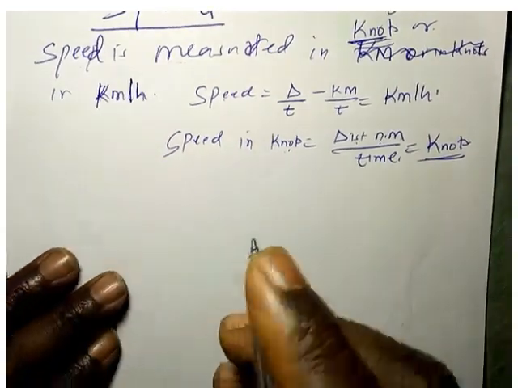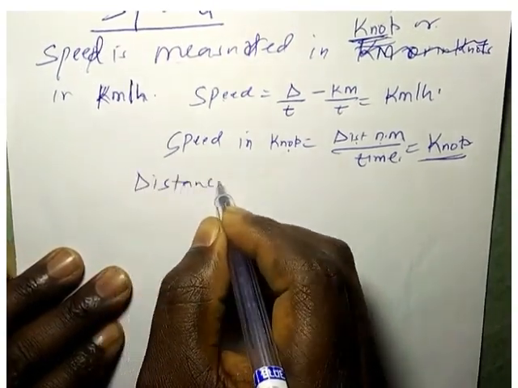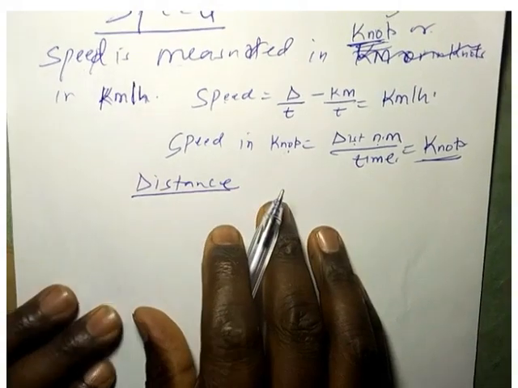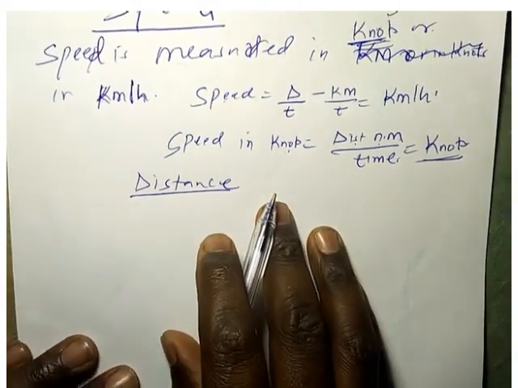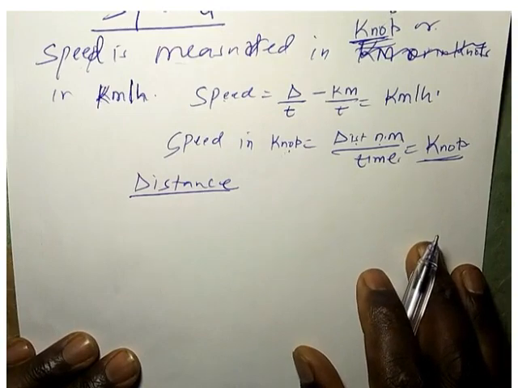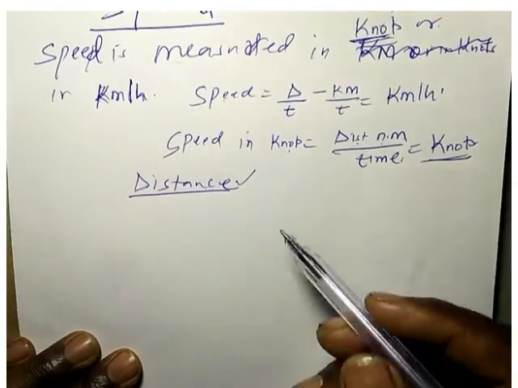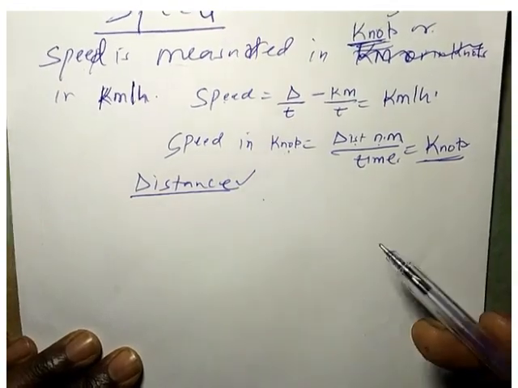So for us to get the speed, first we must calculate the distance. We have learned how to calculate the distance. It is your duty to identify whether the distance you are asked is along the great circle or a small circle. Once you get the distance, you divide by the time you are given, and you get the speed.